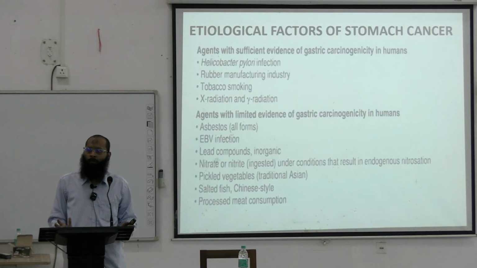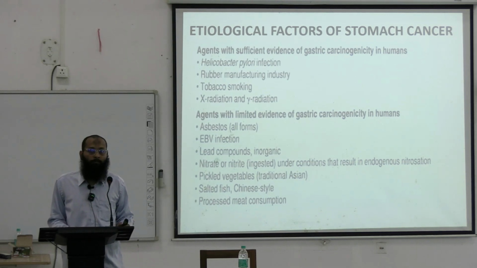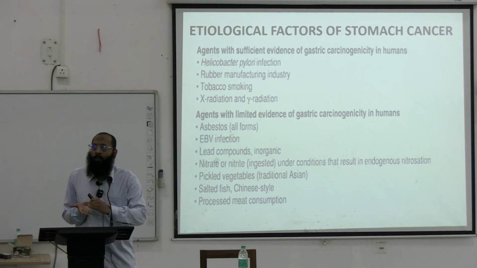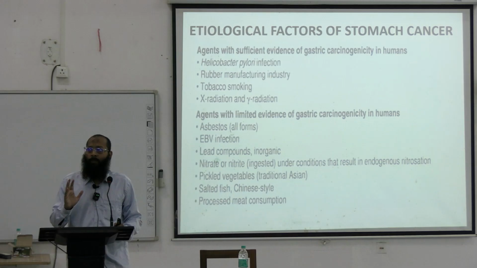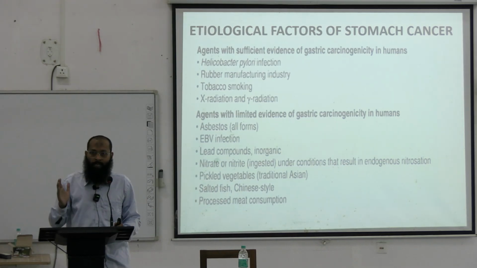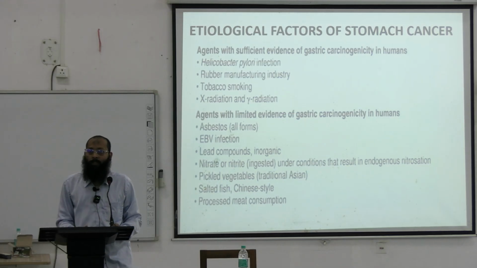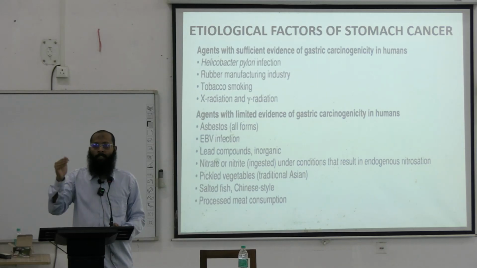Now, what is the mechanism of development of stomach cancer? The mechanism is that after prolonged infection with H. pylori, after secreting a high level of acid, the body gets exhausted, meaning parietal cells get exhausted and they start decreasing acid secretion.